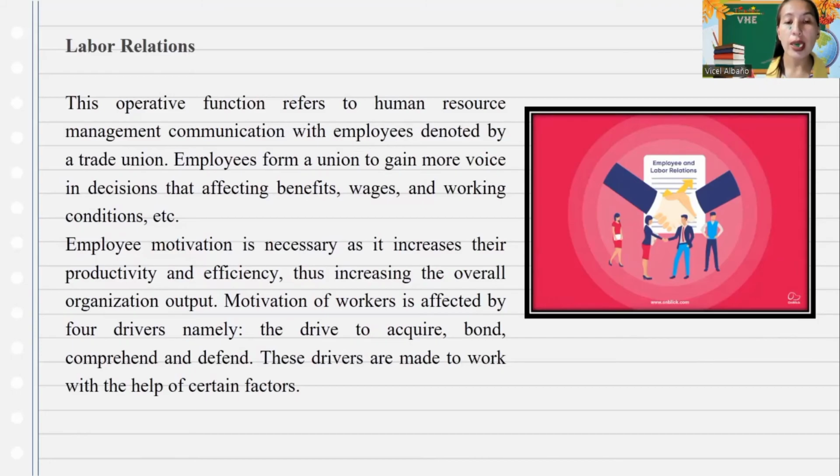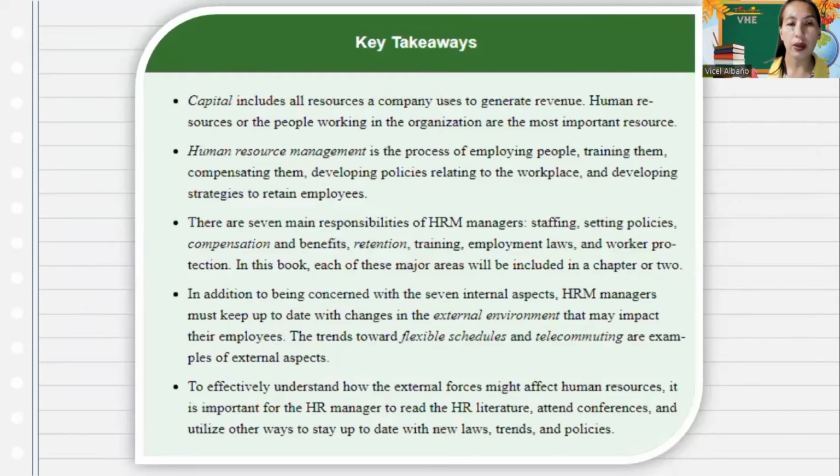Motivation of workers is affected by four drivers, namely the drive to acquire, bond, comprehend, and defend. These drivers are made to work with the help of certain factors.